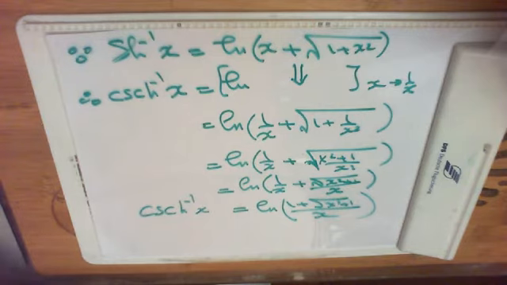Now let us obtain the logarithmic expression for cosh minus 1, then obtain that of sech minus 1.